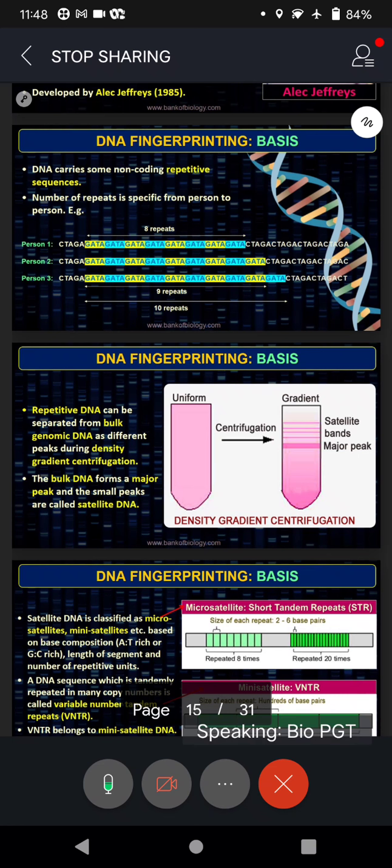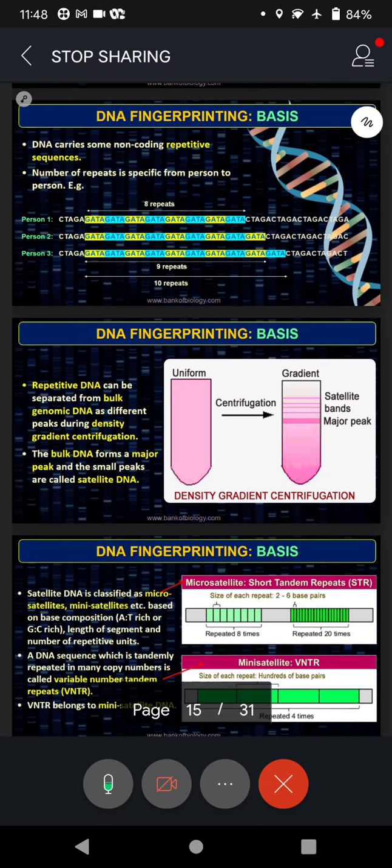Through the fingernails, skin cells, blood, semen, footprint, sweat, one drop of sweat is enough for us. We extract the DNA of that person, right? And then we go for the analysis of the DNA.